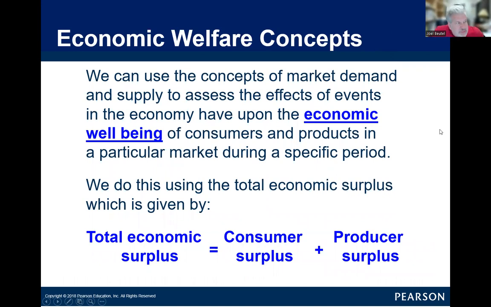So we can use the concepts of market demand and supply to assess the effects of events in the economy upon the well-being of consumers. And we do this by talking about economic surplus. And the economic surplus is the size of the consumer and producer surplus. So if we have a shift that results in surplus going up, then everyone's better off.